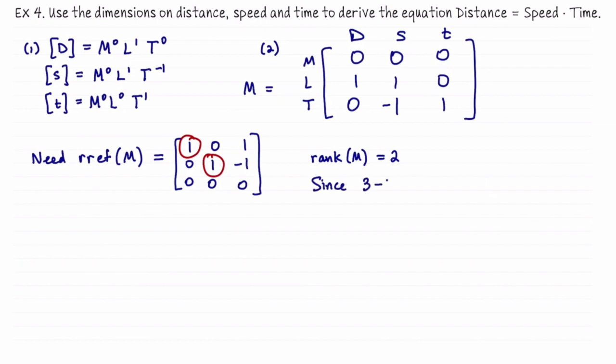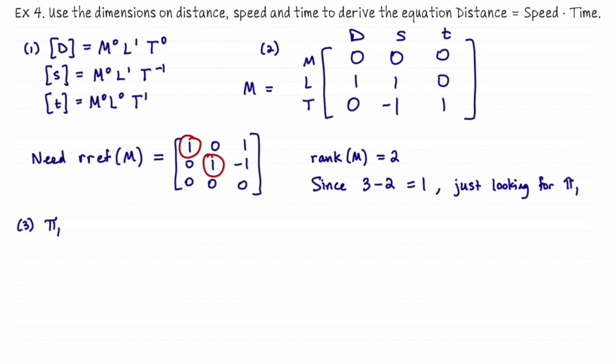So since 3 minus 2 equals 1, we just need a pi 1. Okay, so let's find out what pi 1 is going to be. Pi 1 is going to be some product of d, s, and t. So we will write pi 1 equals d to some power, s to some power, t to some power. I'll call those powers p1, p2, p3.